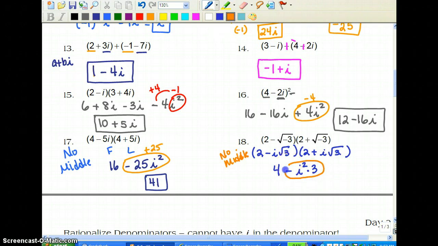Minus i squared root 3 is really plus 3, because that's negative 1 times 3. Take the opposite of that. 4 plus 3 is 7. Again, you were able to get rid of the i's with this no middle and the radicals. So again, that's a conjugate, so you're getting rid of the things that you don't want.